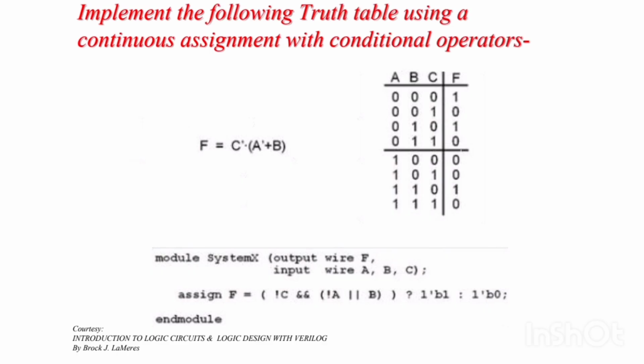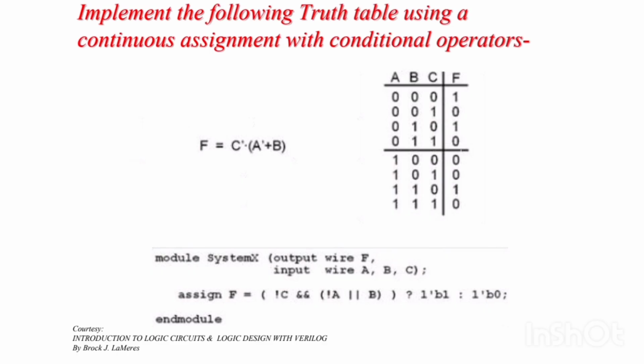The Verilog code for the design module system X, that's a name given, you can choose any name. Then within brackets you have the port declarations, output f, then input a, b, c. With this the port declaration is over, then assignment is done directly with the conditional operator.